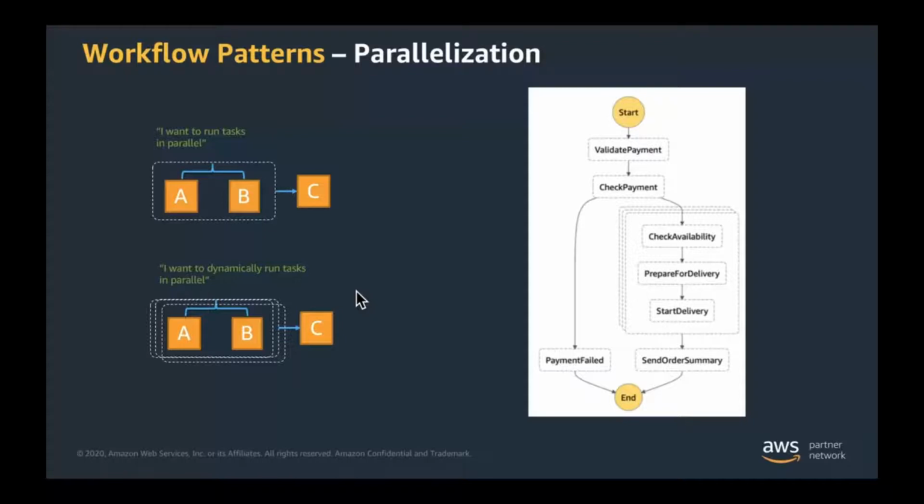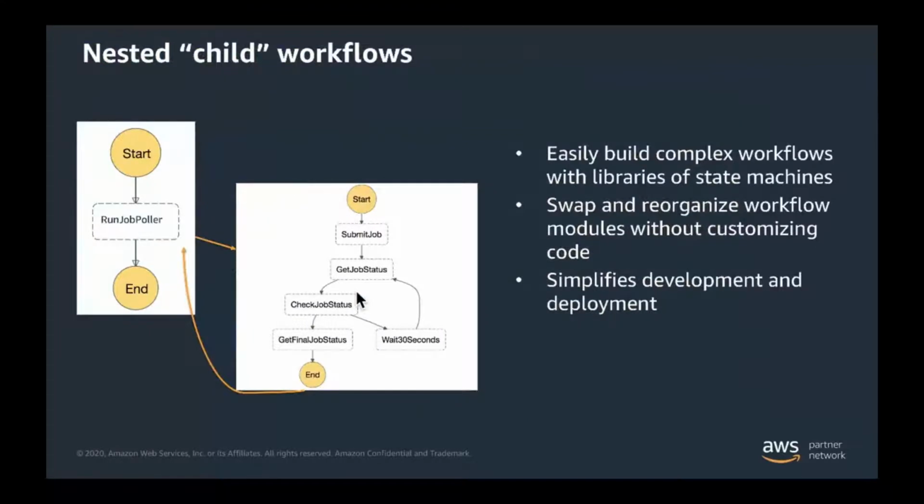And the reason for that is the assumption that if one of the states is unsuccessful, there's no point in continuing on the rest of the work because you're just going to be wasting time and money. There are ways to get around that, so that if you build error handling in, then you can change that default behavior and you can take other types of actions depending on what you want to do.